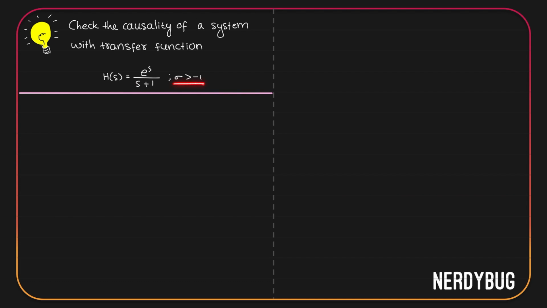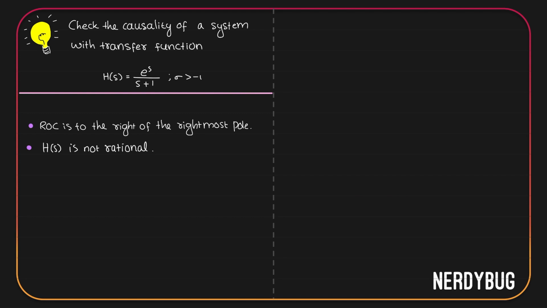So ROC is towards the right of the rightmost pole. The first condition is satisfied. Now, if you look at the transfer function, the denominator is a polynomial, but the numerator is not a polynomial. So H of s is not rational. Therefore, the system should not be causal, but let us check it in our own way.